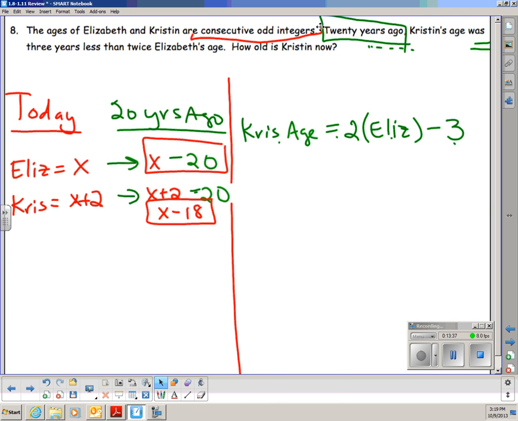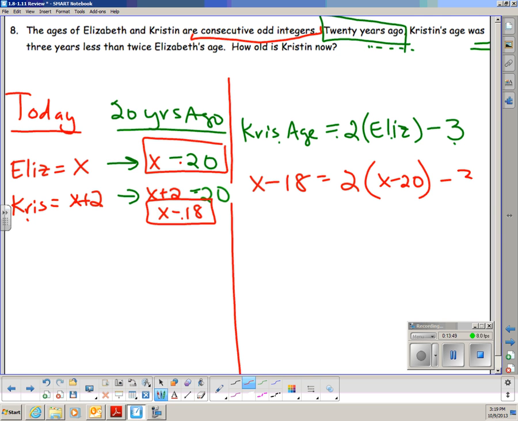Kristen's age 20 years ago, if I look at my key, was x minus 18. Equals 2 times, what was Elizabeth's age 20 years ago? Elizabeth was x minus 20. And then a minus 3. So now I have my equation. I have x minus 18 equals 2x minus 40 minus 3.